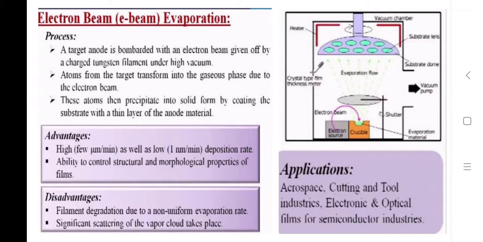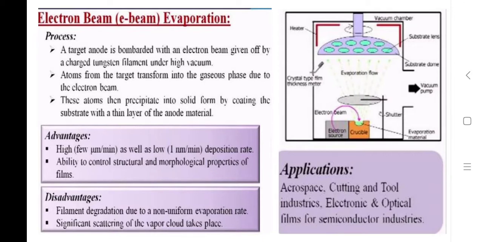Here the anode is the source, or maybe the precursor, and the cathode is our substrate. We are bombarding our anode material with the electrons, which release certain kinds of atoms or molecules, and that is deposited onto the cathode, meaning our substrate.